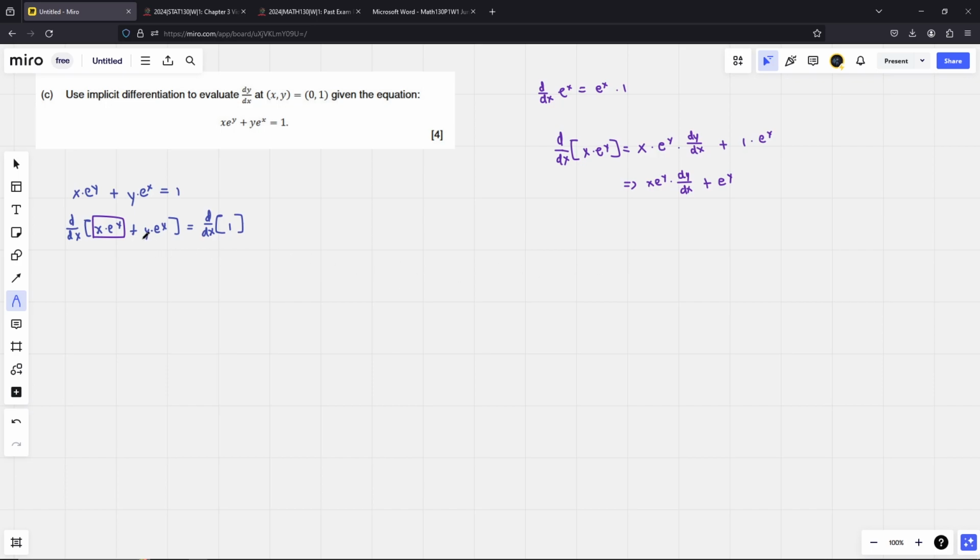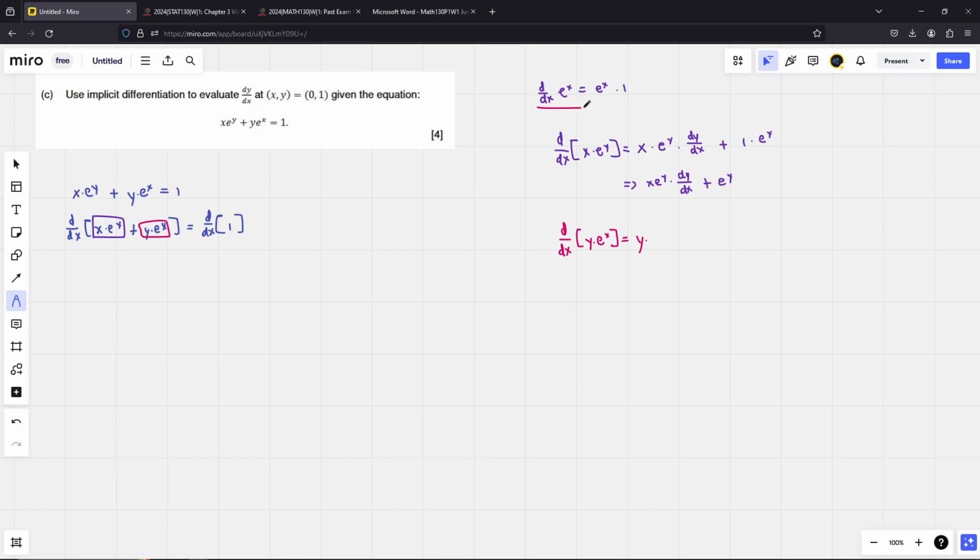So let's think about the derivative of the second term of my equation. So d by dx of y multiplied by e to the x. Now notice again that we have another product rule. So leaving my first function and taking the derivative of the second function.